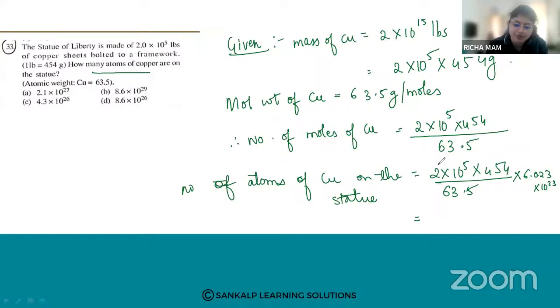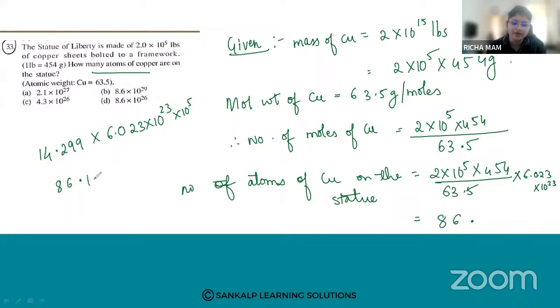So let me see. 2 into 454 divided by 63.5 comes to 14.299 into 10 raised to 5. Multiplying into 6.023 into 10 raised to 23, this comes to 86.12 into 10 raised to 28.